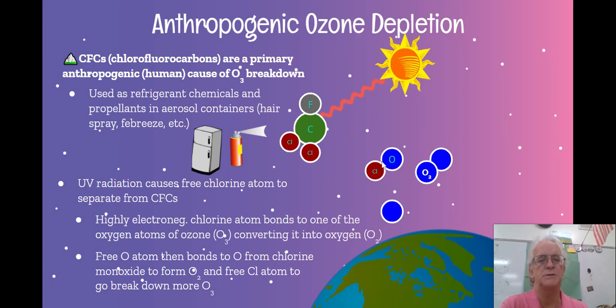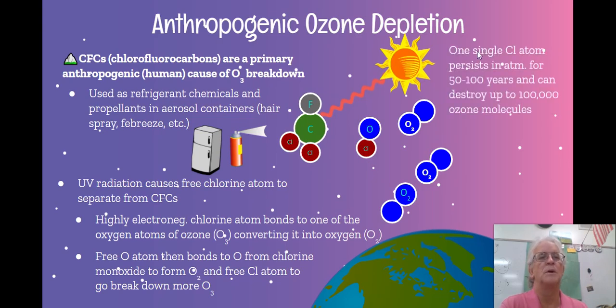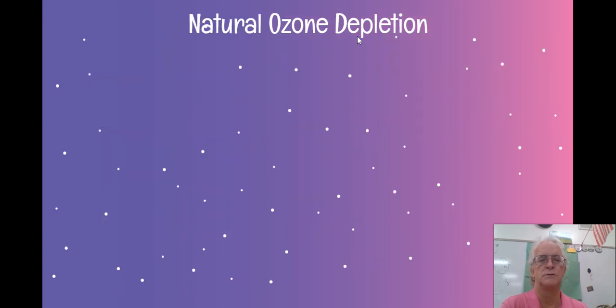And so this breaks the ozone apart, and it's able to do this over and over again. One single chlorine atom persists in the atmosphere for 50 to 100 years and can destroy up to 100,000 ozone molecules.